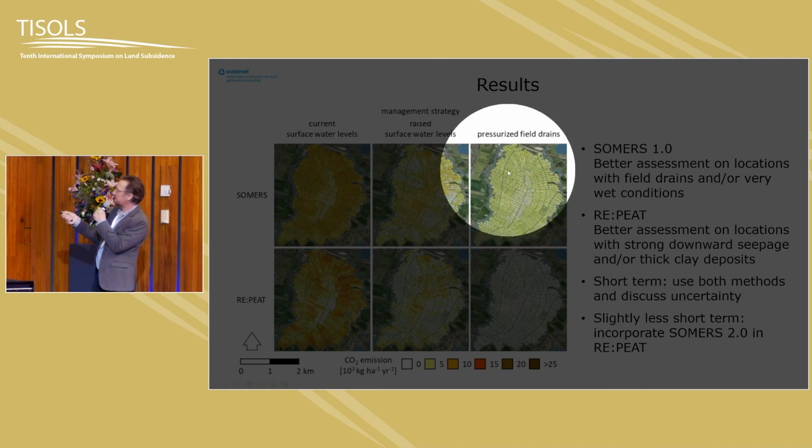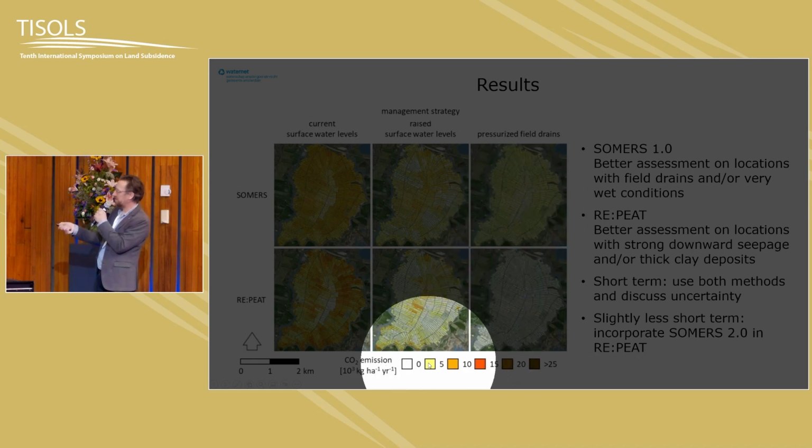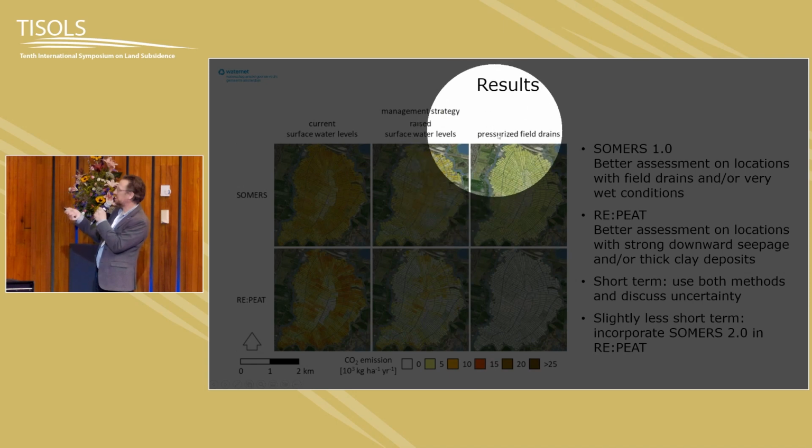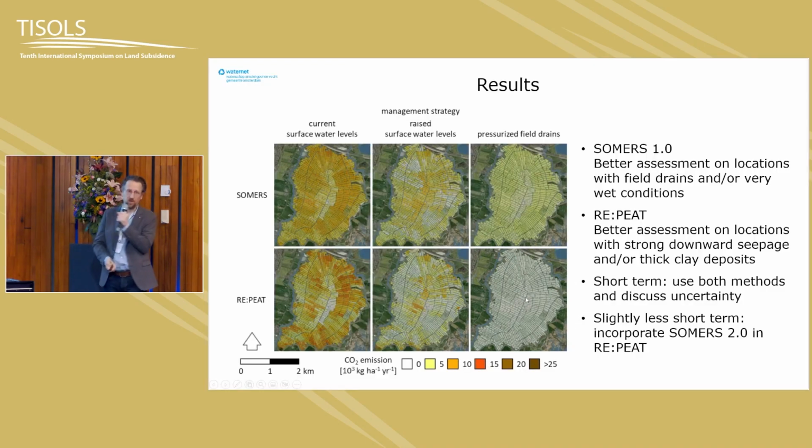Even with pressurized field drains, there is some emission, about 5 tons a year, give or take. What REPEAT with the Jan van Akker regression would tell you is that there is no emission at all. It's a bit overly optimistic. We didn't trust that to start with, and I think the SOMERS method predicts it much, much better.